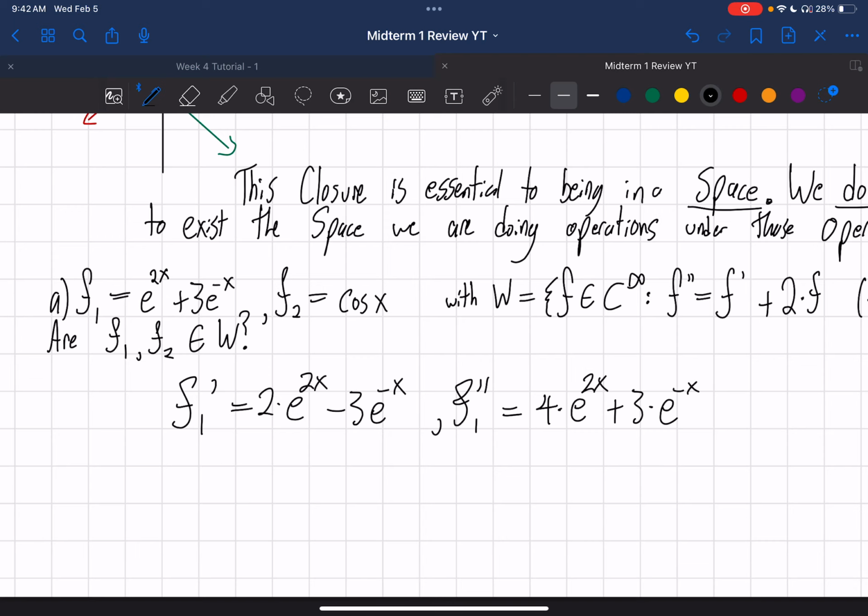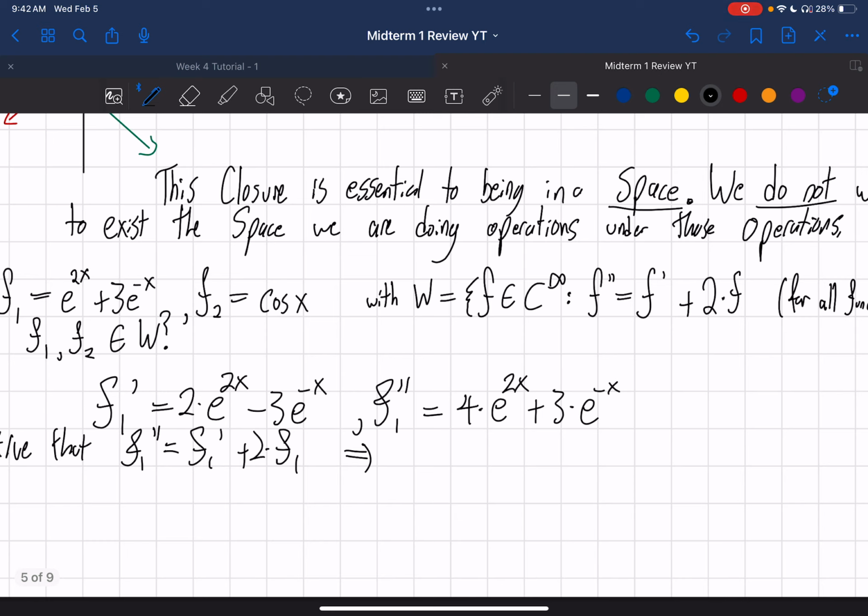Okay, so now we're just checking our rule. Is it true that f1 prime prime is equal to f1 prime plus 2 times f1? That's equivalent to when we just plug all this stuff in. Our f1 prime prime is 4 times e to the 2x plus 3 times e to the minus x.